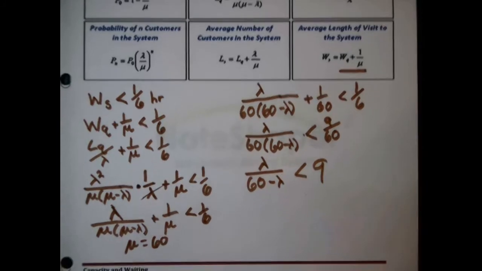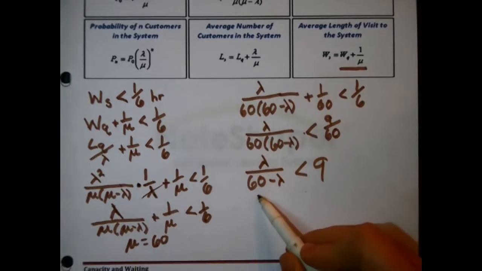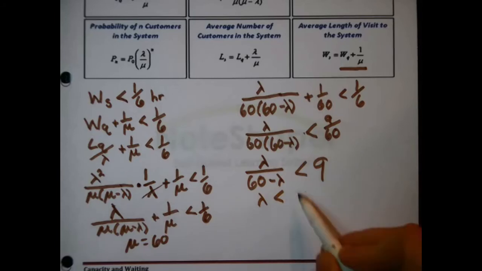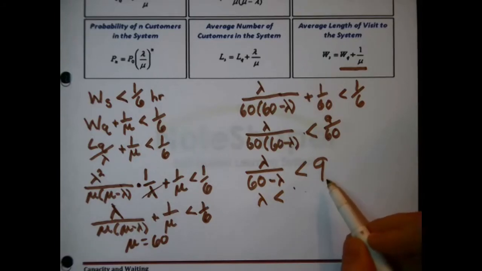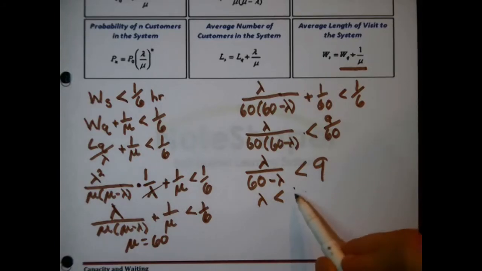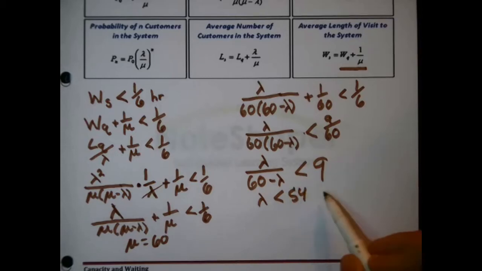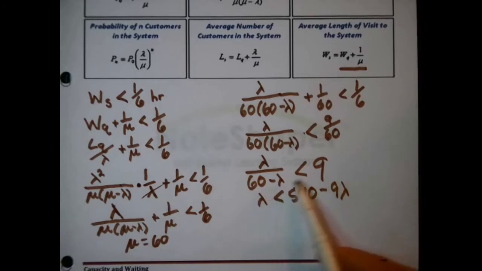And over here, it stops being a fraction. It's 9. Oh, okay, and then lambda less than or equal to 60 times 9 is 540 minus 9 lambda, right? I just multiplied both sides by 60 minus lambda. All right, now actually I can get the lambdas together.